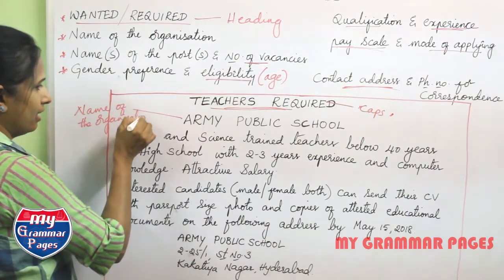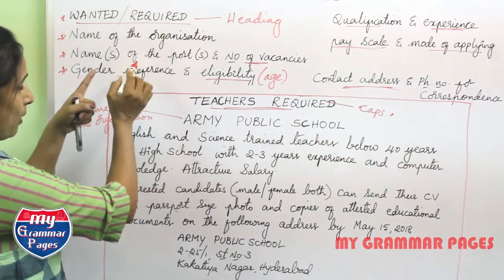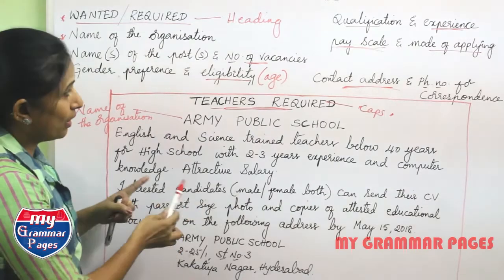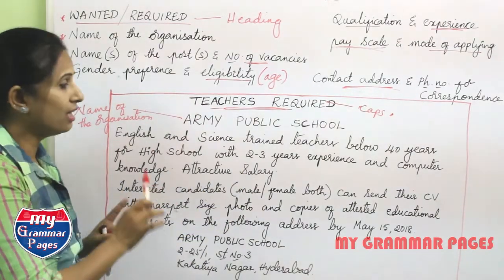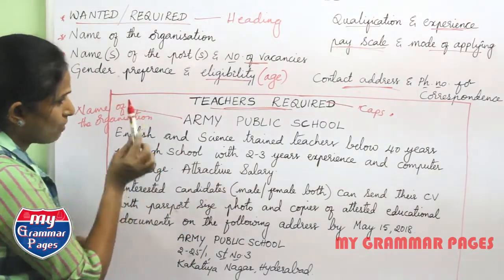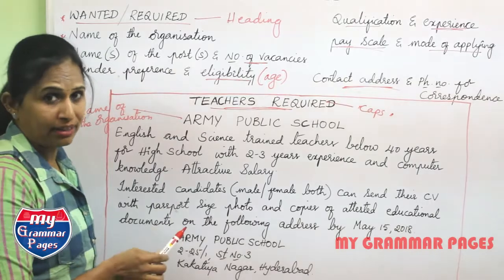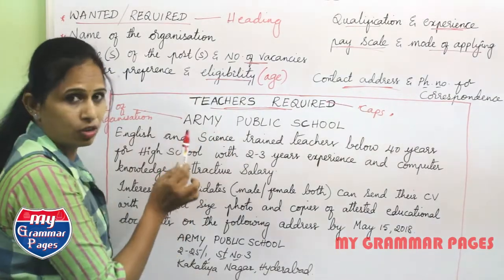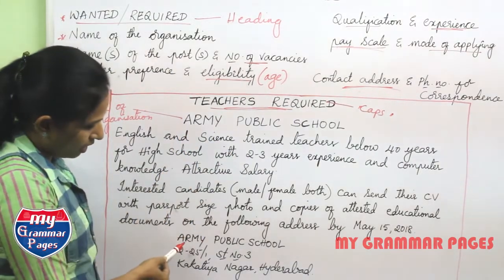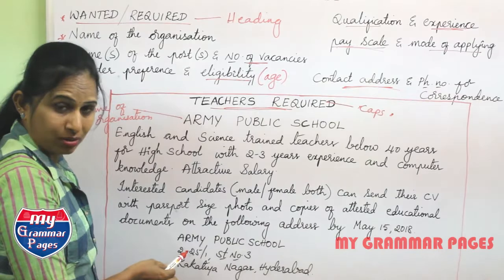See here, whatever features I have explained, have a look whether all those features have been taken or not. The name of the organization is not mandatory to be written on the top center of the box, as we give this in the address column too.